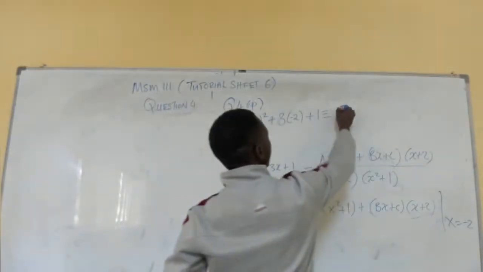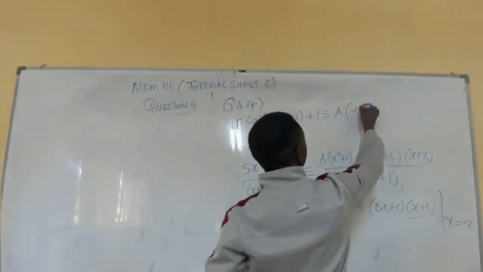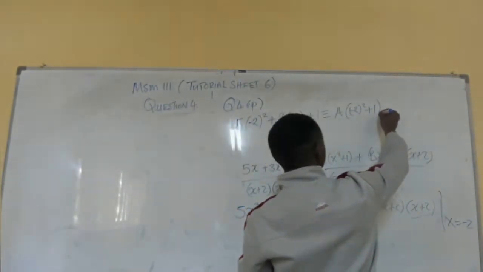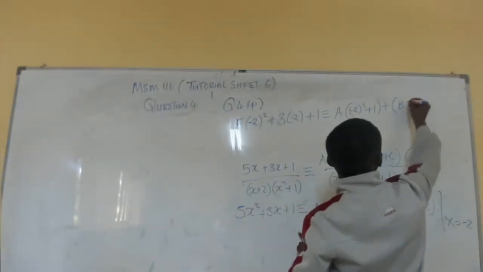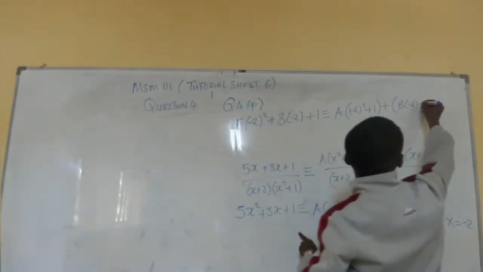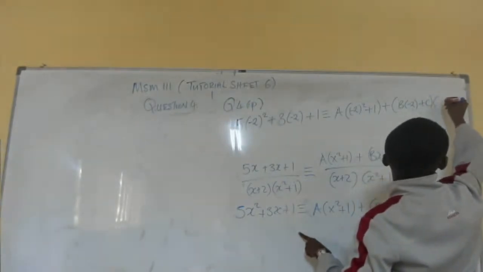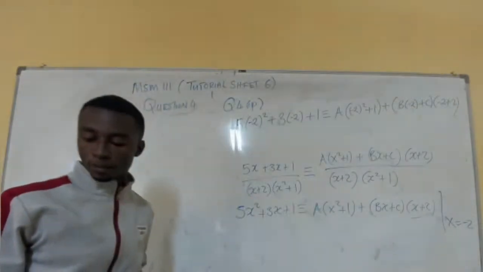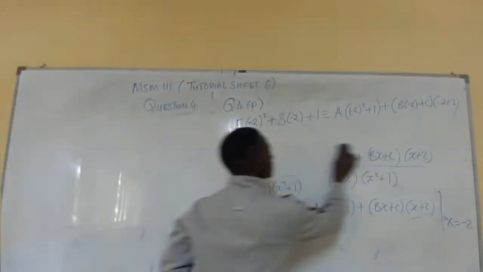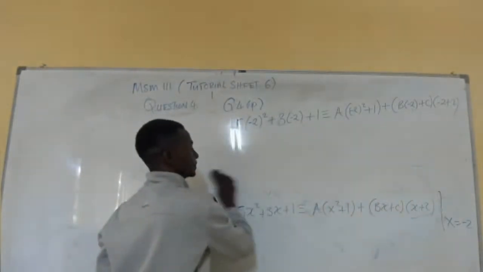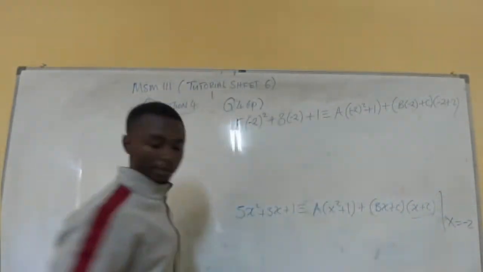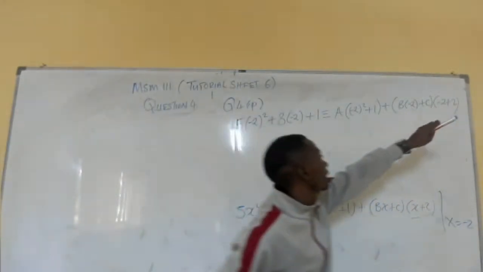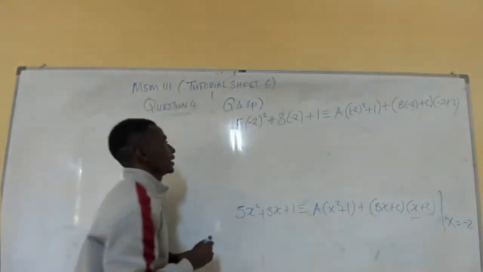Plus b multiplied by negative 2 plus c, times negative 2 plus 2. What are you getting there? It's 0, because negative 2 plus 2 is 0, and 0 multiplied by that is 0.